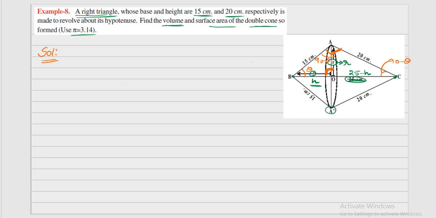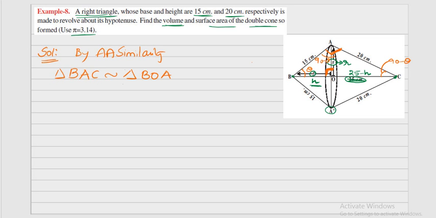Based on that, by AA similarity, following the order theta, 90, 90 minus theta, triangle BAC is similar to triangle BOA.